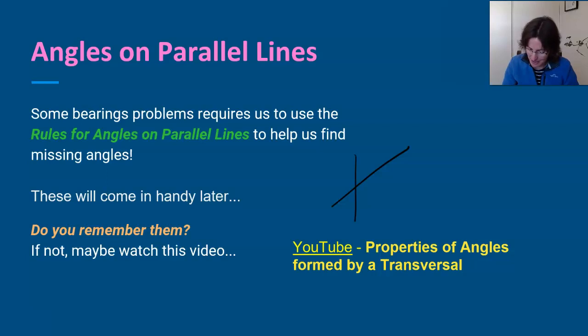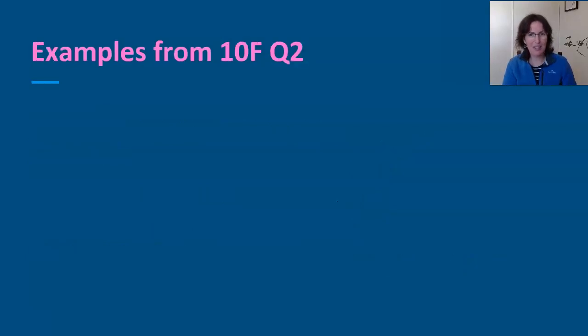Yes, the transversal is that line there that cuts through parallel lines. The angles that we're talking about for parallel lines are things like alternate, which was here, co-interior, these ones here together, corresponding, was sort of this one and this one, and I'm having a blank on the other one. But if you need a refresher on all of those, do some work and look that up.